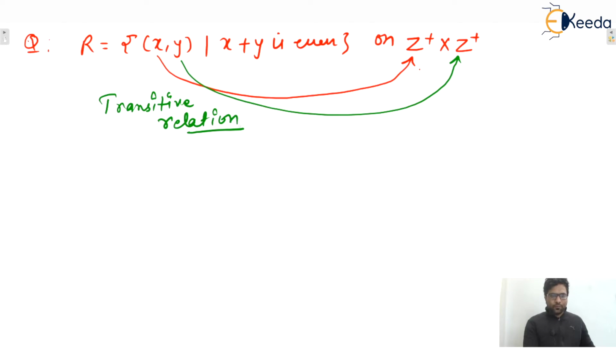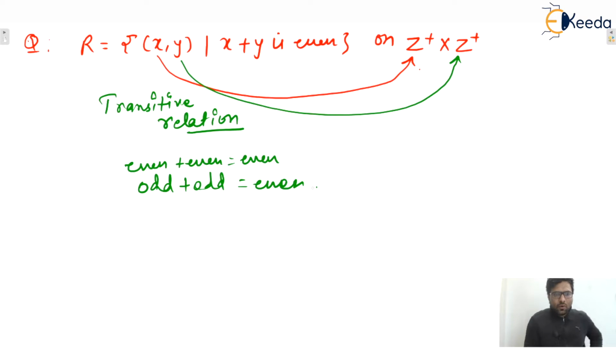So what we will do? You only tell me. Even plus even, the sum is always even, and odd plus odd is also even, isn't it? Now, (x, y) is related only when the sum is even.